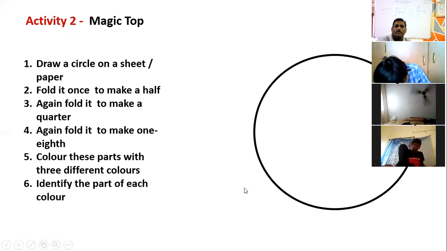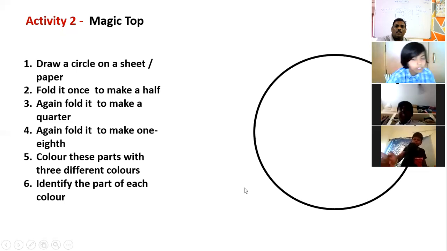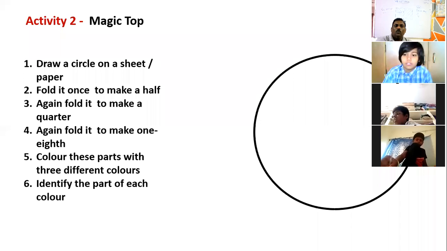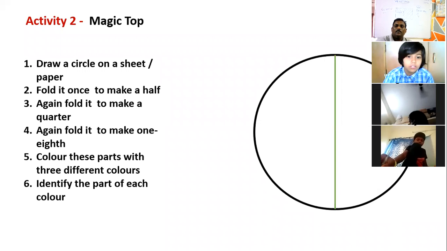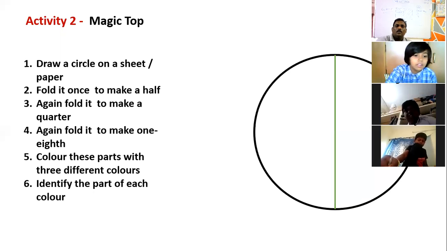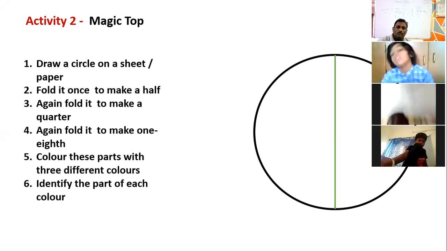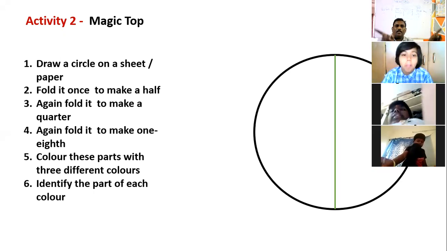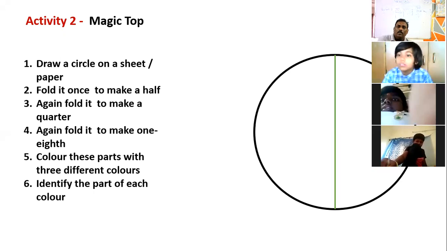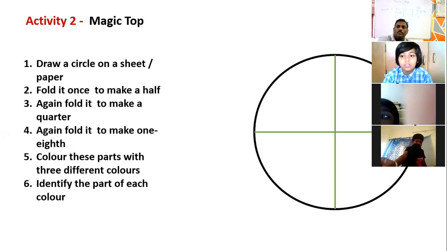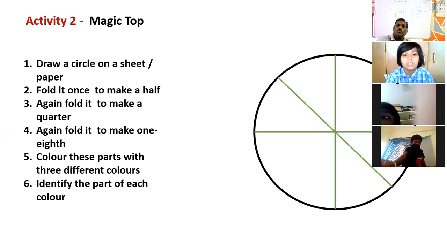Look at this activity. Draw a circle on a sheet. We have to do it not now in the class, but at home. Take a circle, draw a circle, fold it. Then again fold it.